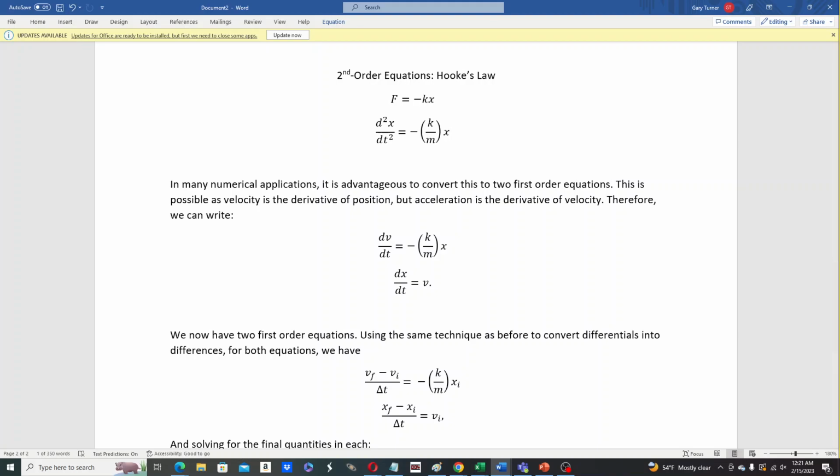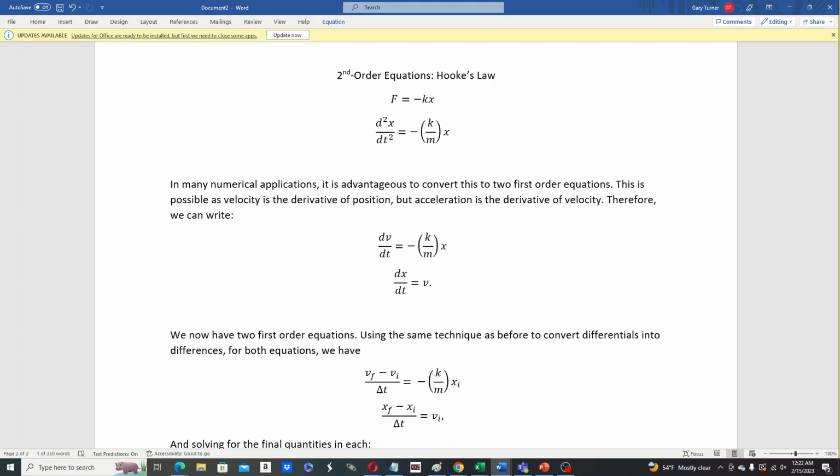I have Hooke's law, and writing my force, ma, as the second derivative of position with respect to time, and dividing both sides by the mass, I get my second derivative in position with respect to time is equal to negative k over m, which represents the square of your angular velocity, times my position.